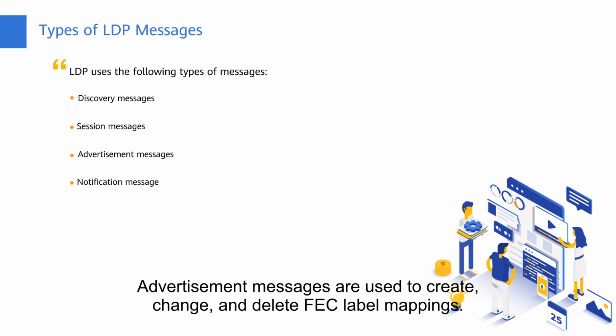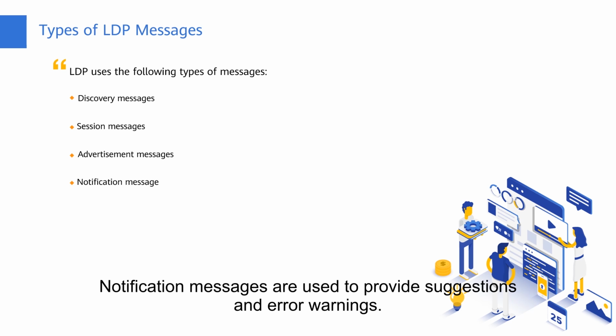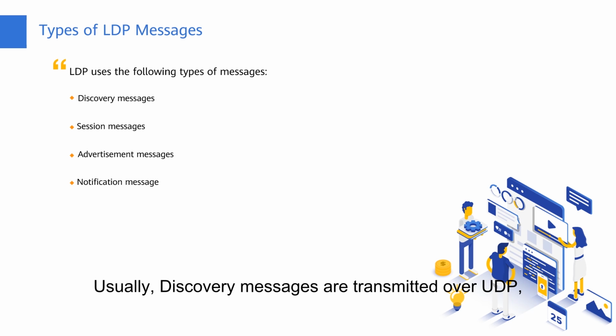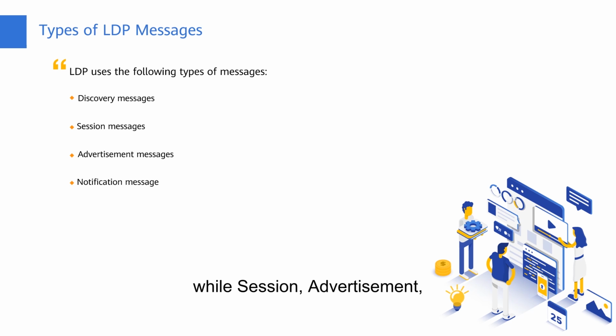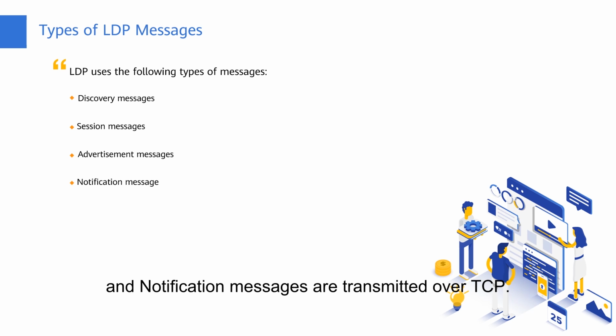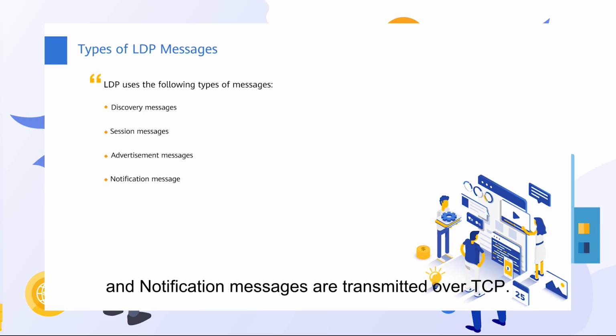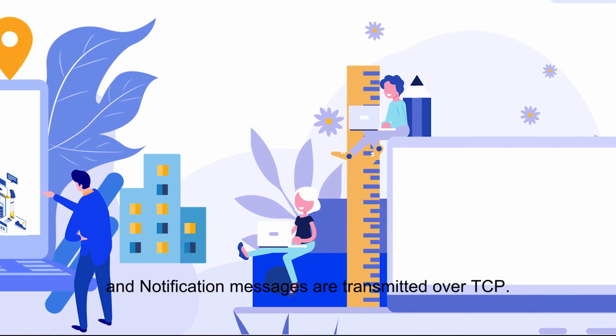Advertisement messages are used to create, change, and delete label mappings. Notification messages are used to provide advisory information and error warnings. Usually, discovery messages are transmitted over UDP, while session, advertisement, and notification messages are transmitted over TCP.